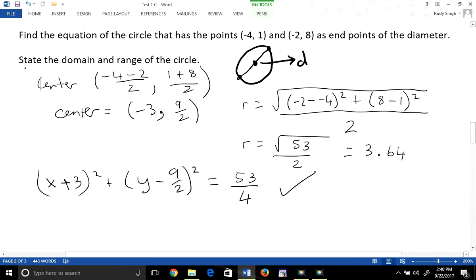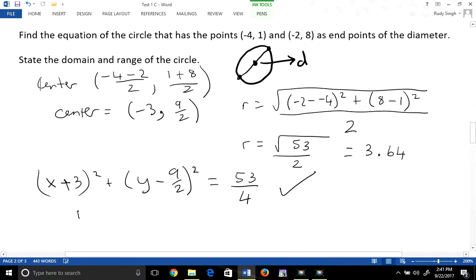So the next question says, state the domain and range of the circle. So this is an interesting question. It's getting you to think about the domain and range of this circle, it's a picture of this circle, and here's the center. But think about it, the domain then is going to be all the x values, which is really, from the center I go out one radius to the left and one radius to the right. I get all the x values that I can possibly have for that circle.